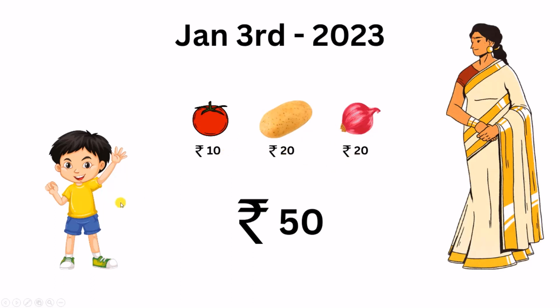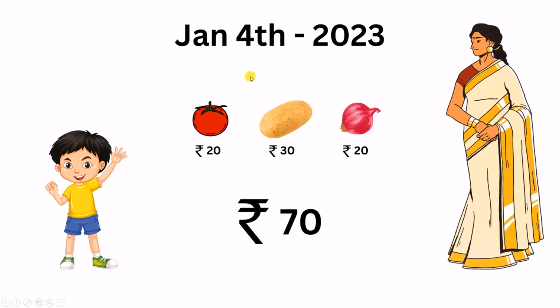Your mother asks you, what is the price today? And you add up the values and say it is 50 rupees. So your mother comes to know that the value has changed and it is 50 on January 3rd.